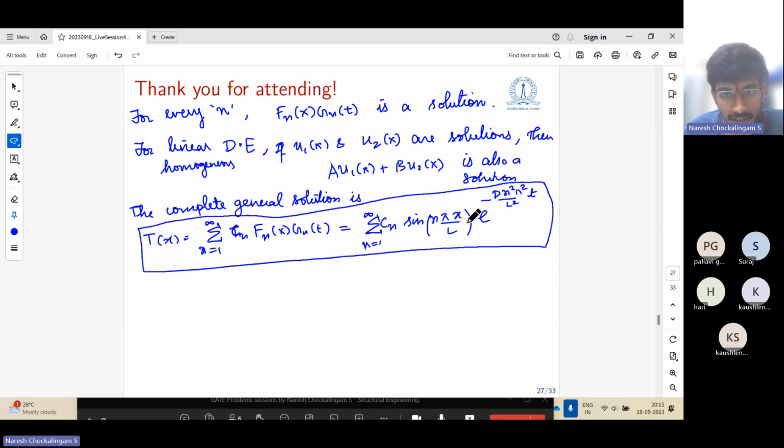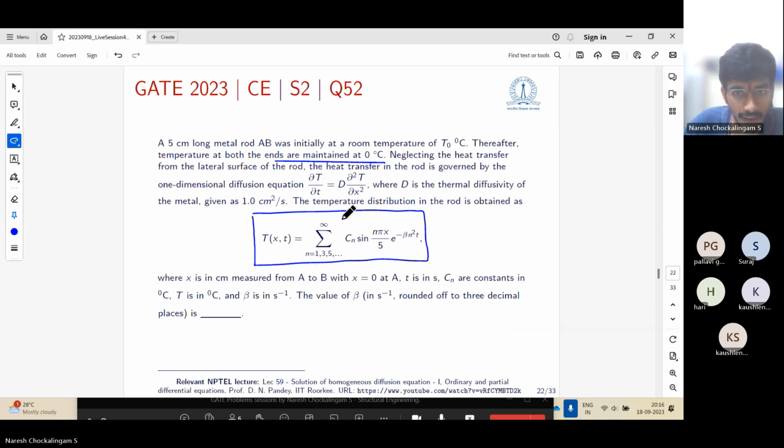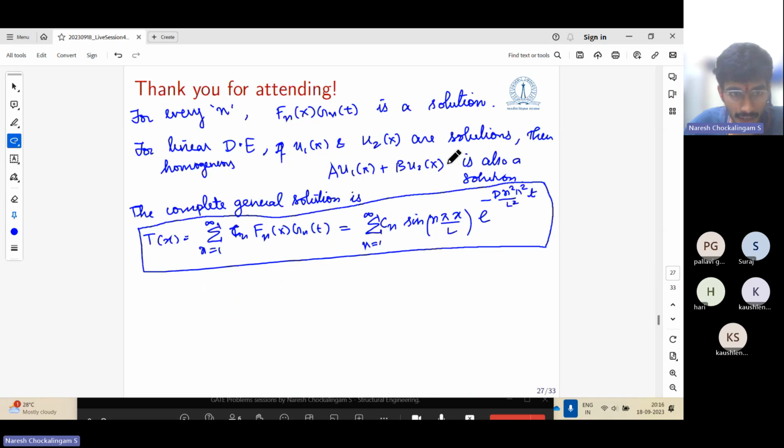Did we get the complete solution? No, we don't know the Cn's, right? So how do we find Cn? Note what we have just got. It is given that at time t equal to 0, initially, it is at a room temperature of T0. So what does that mean? T of x comma t equal to 0, when time t is equal to 0, temperature is T0.